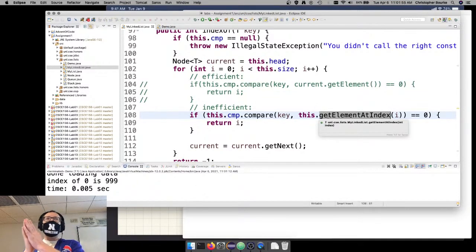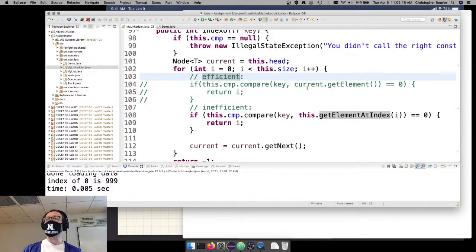So if we have 1,000,000 elements and we're looking at the 500,000th element, that means we have to start all the way at the beginning and traverse 500,000 times just to get that element. The next element, we have to traverse 500,001 times. The next element, 500,002 times, and that all adds up. And that's why it was inefficient.